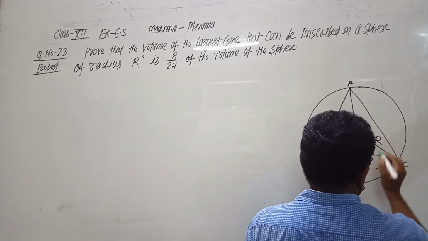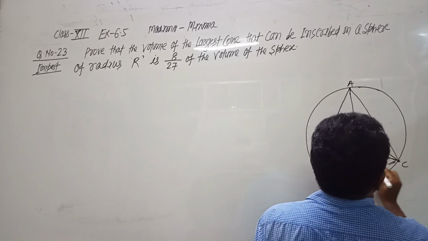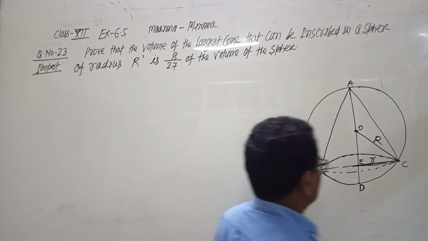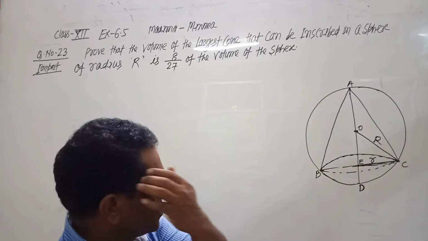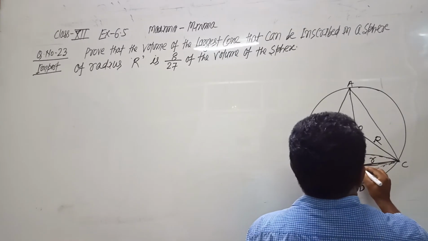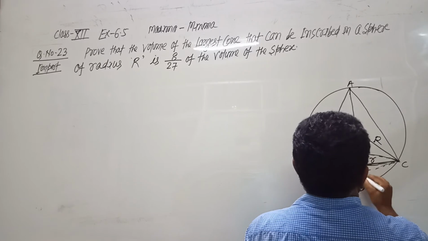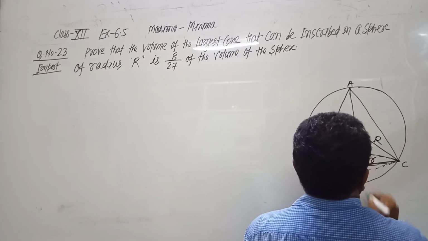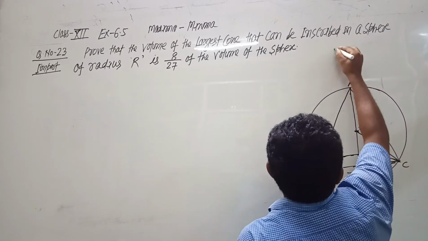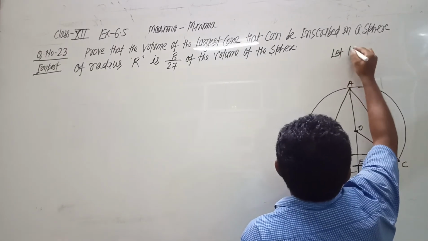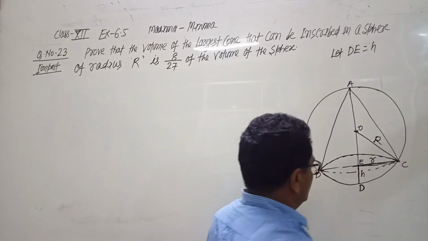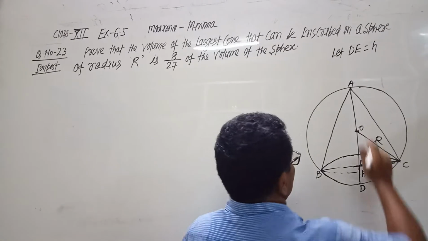And let us suppose the radius of the cone is small r, and let the length of DE equal h.